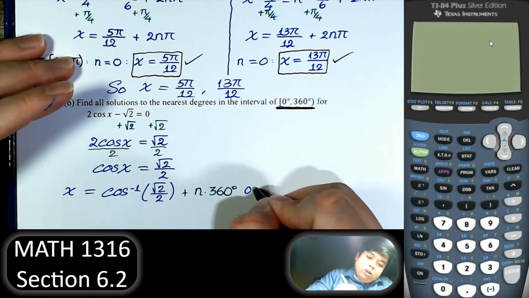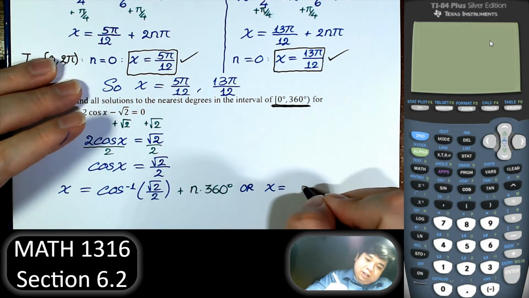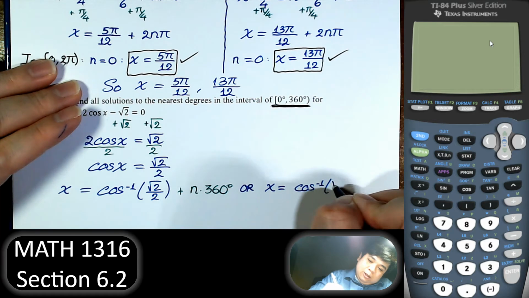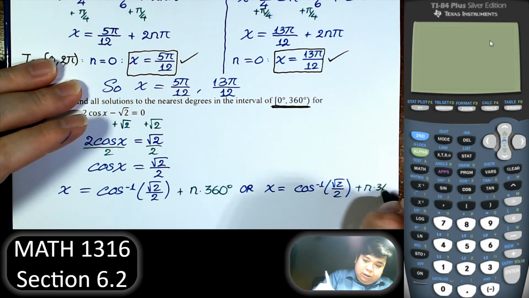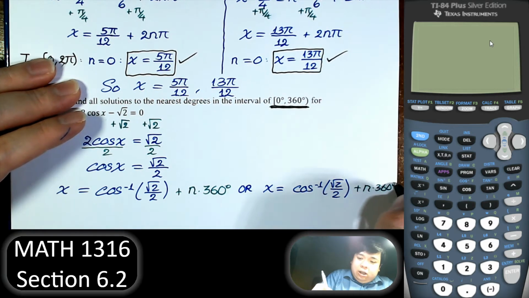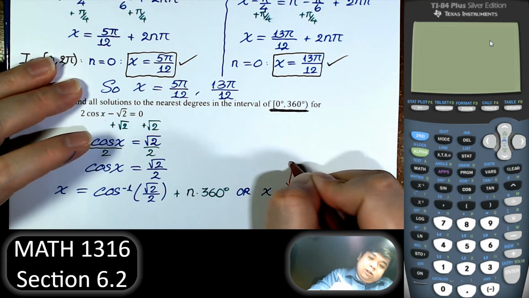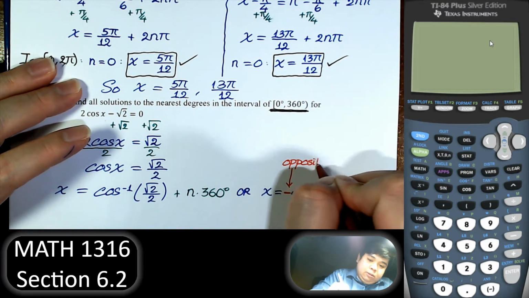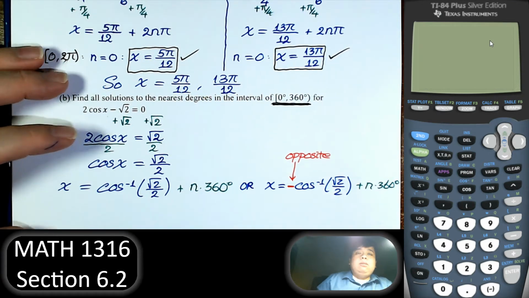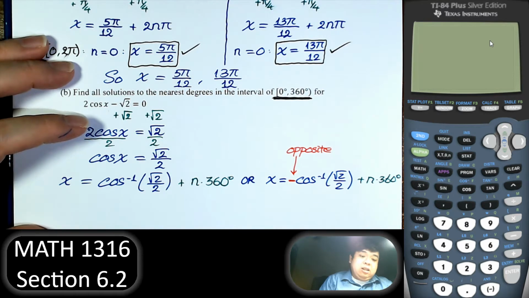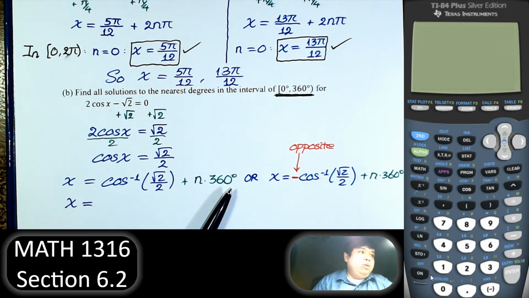Now, for cosine, not only do we have that, what else do we have for cosine? For cosine, not only do we have the cosine inverse, we will also have the opposite. Now, cosine inverse of square root of 2 over 2.